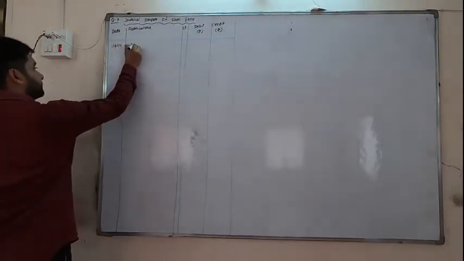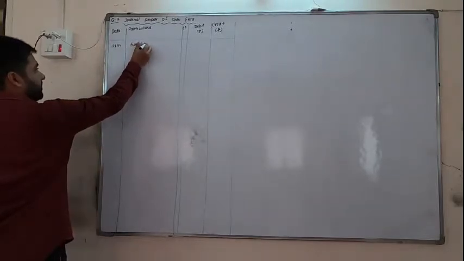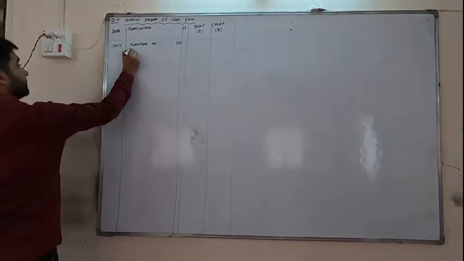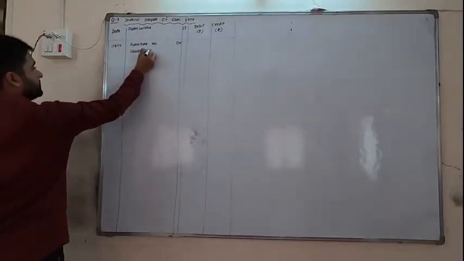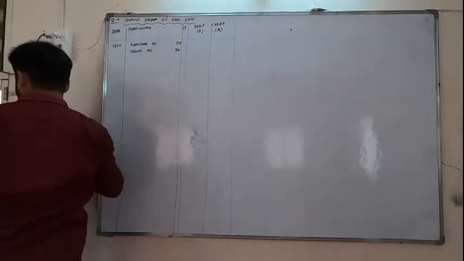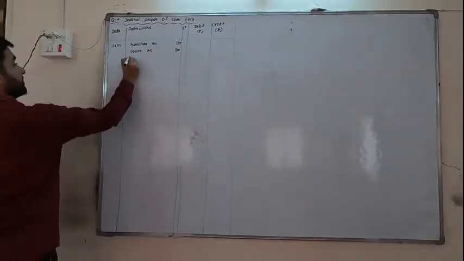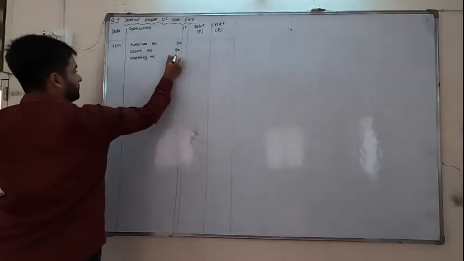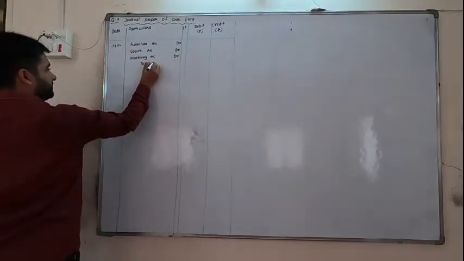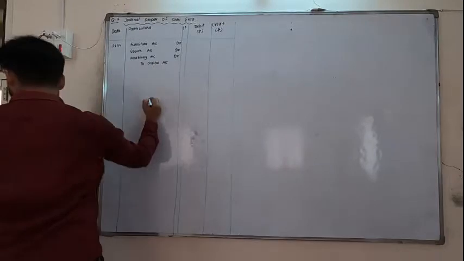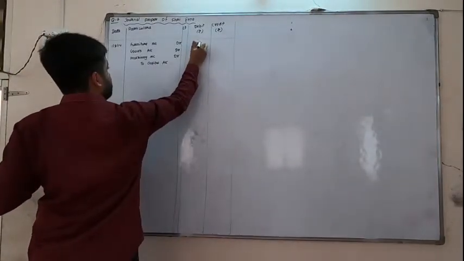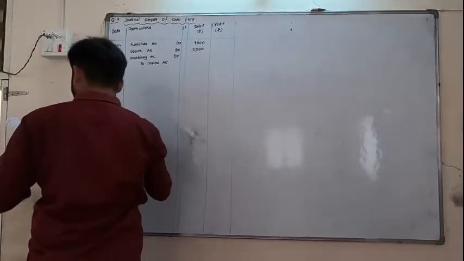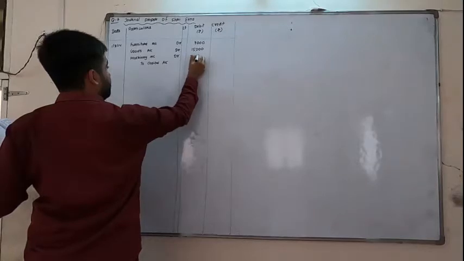So 1/3/14, furniture account debit, goods account debit, machinery account debit to capital account. Furniture is of 7,000, goods are of 15,000, machinery is of 20,000.